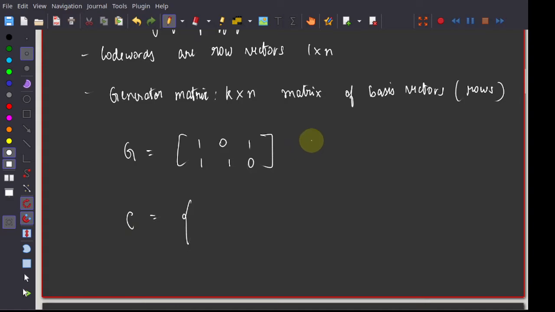So this is over F2. So the two basis vectors are 101 and 110.